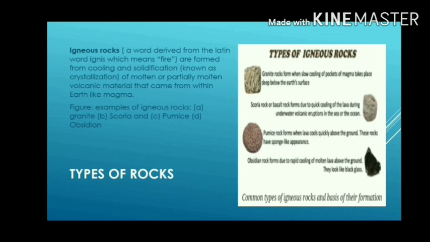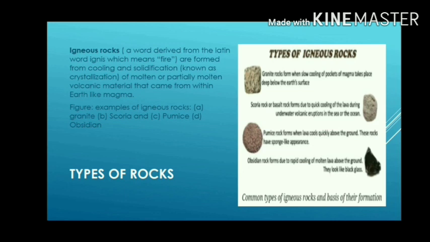In our figure are examples of igneous rocks: the granite, the scoria, the pumice, and the obsidian. Granite rocks form when slow cooling of pockets of magma takes place deep below the Earth's surface. Scoria rock or basalt rock forms due to quick cooling of lava during an underwater volcanic eruption in the sea or the ocean.